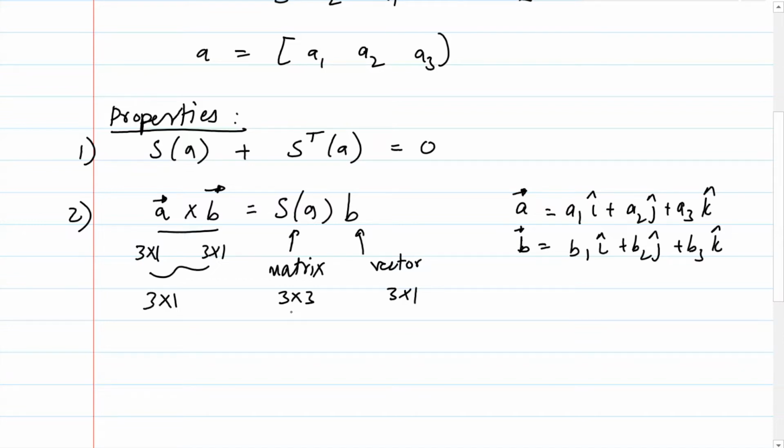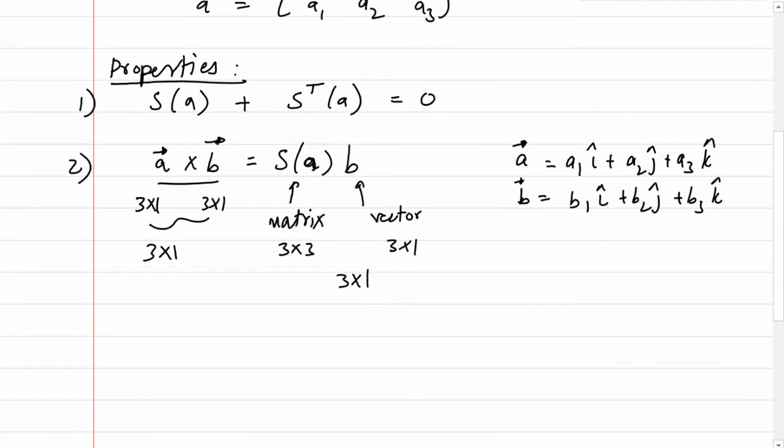And here, when you do 3 by 3 times 3 by 1, you'll get 3 by 1. So you'll get the same thing, but sometimes it's much easier to do the matrix multiplication times the vector. MATLAB, for example, is very good at doing matrix multiplication. So here's an advantage. You can take A, write a skew symmetric matrix corresponding to A, and then take the product with B. And I'll show you that this actually works out. It's actually easy to prove this.